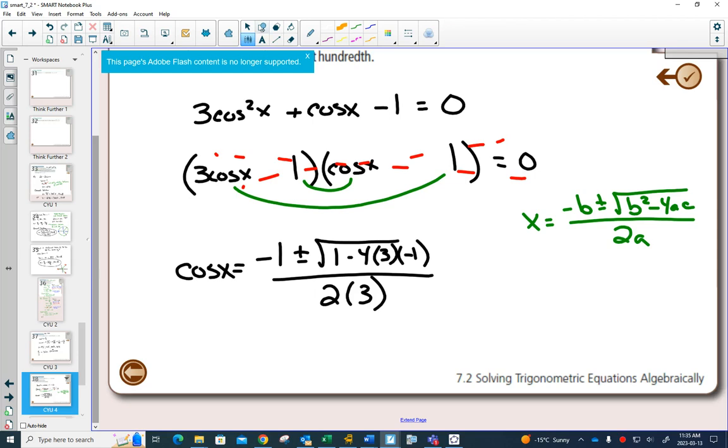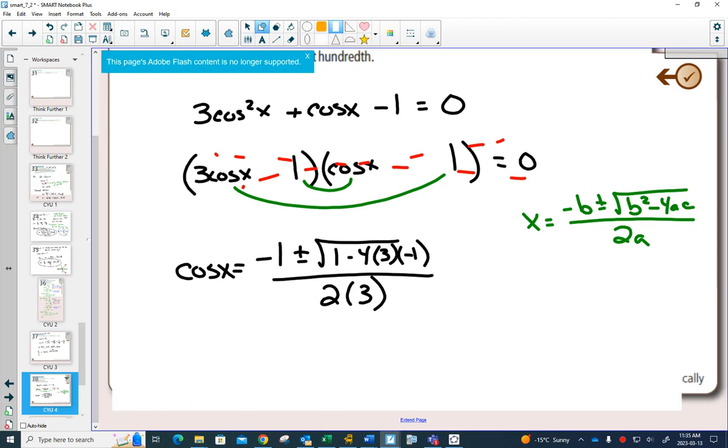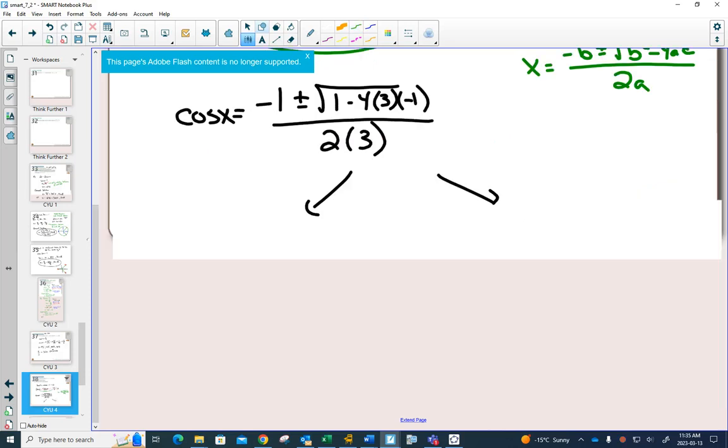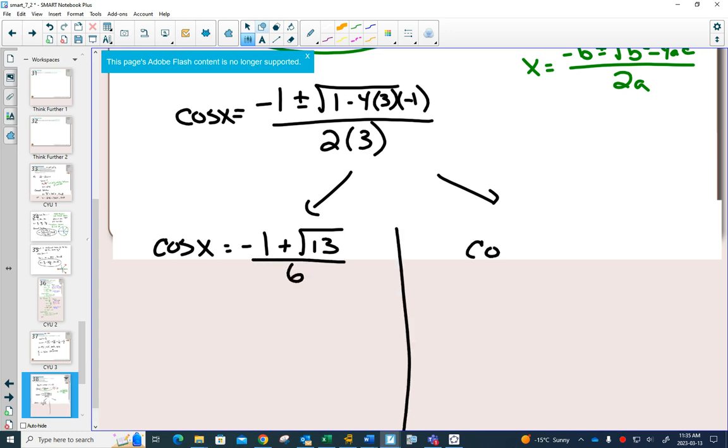And with the plus or minus, there will always be two solutions, so we'll split it up. You would have one solution with the plus, one solution with the negative, and I'm going to type both of these into my calculator.